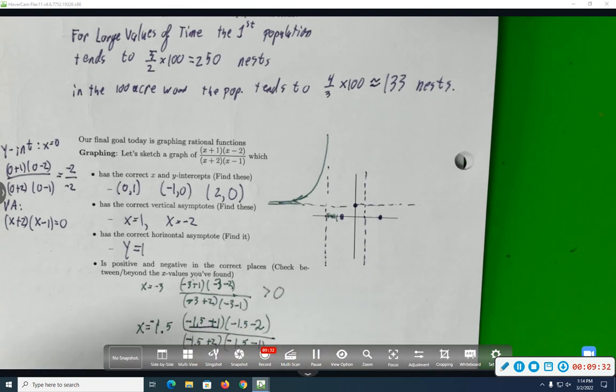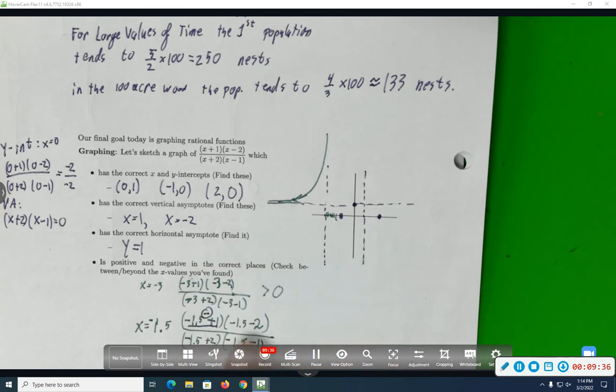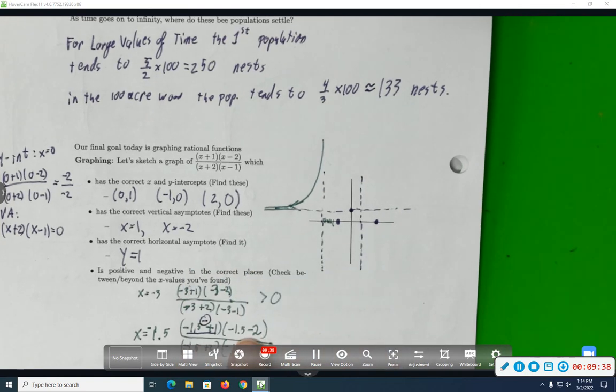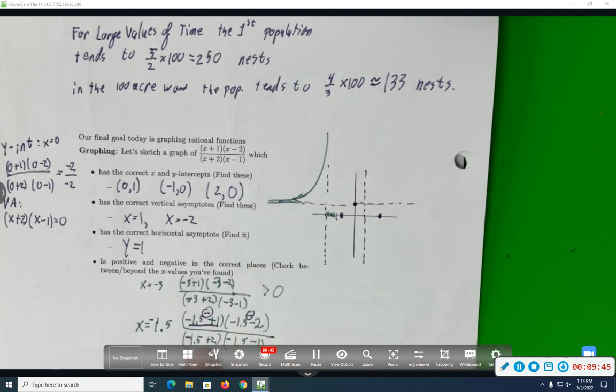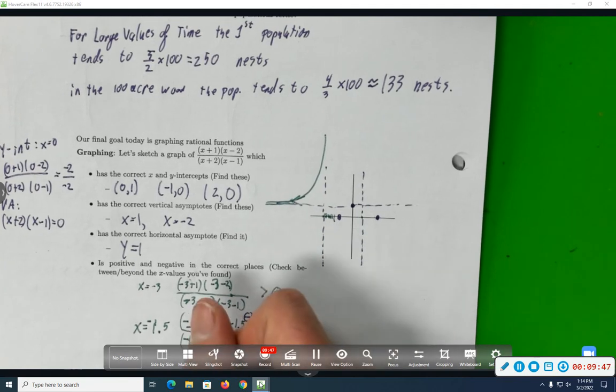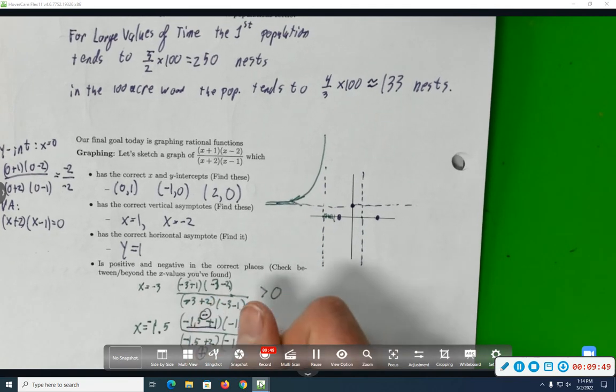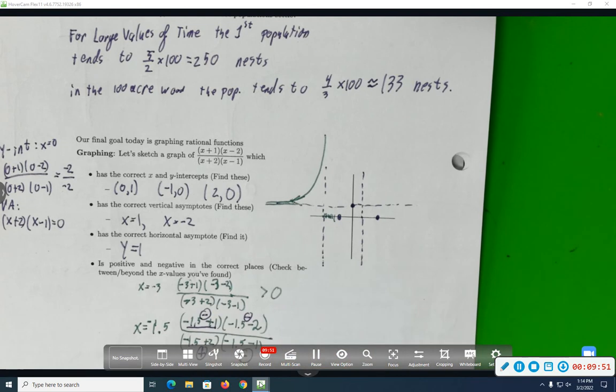This piece, positive or negative? Next piece. Negative. It's a negative minus a number. Negative 1.5 plus 2. And the last piece is negative. So, in total, is this positive or negative?